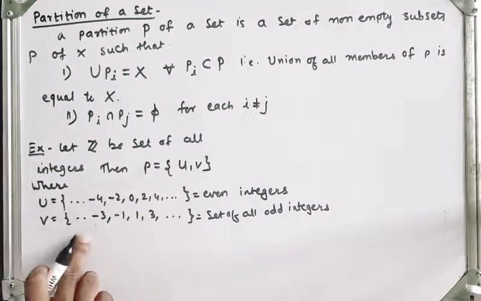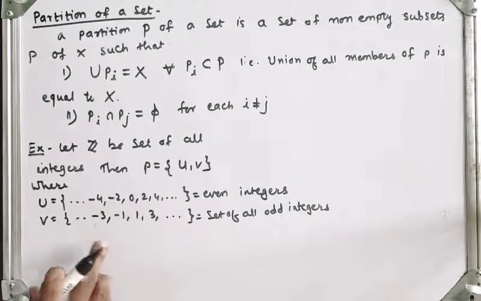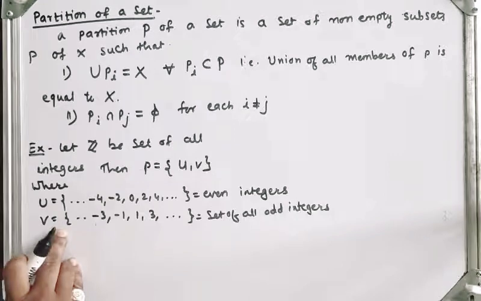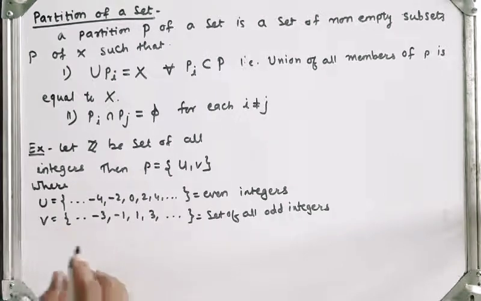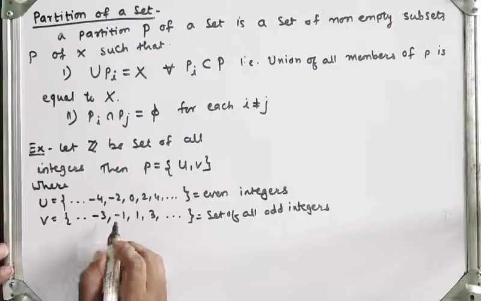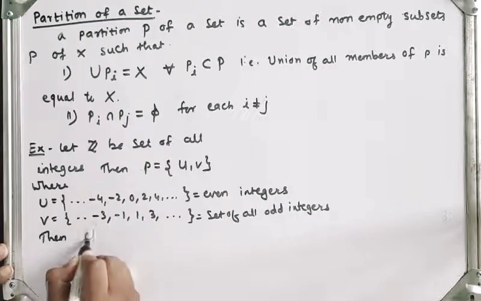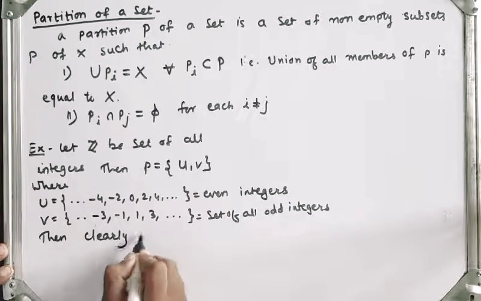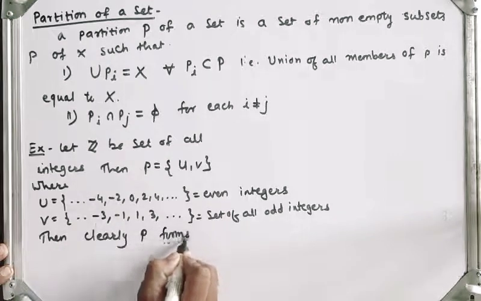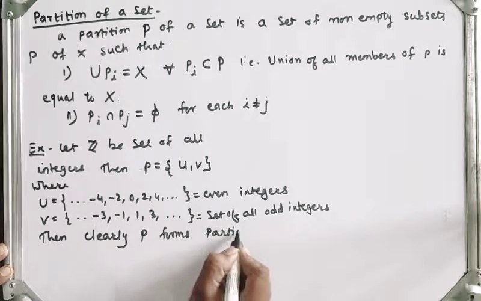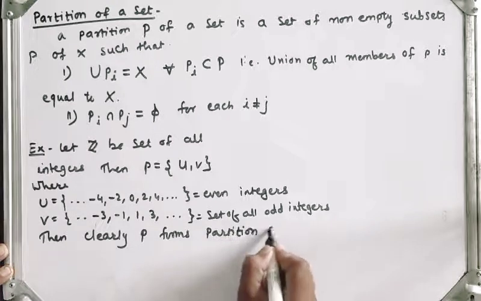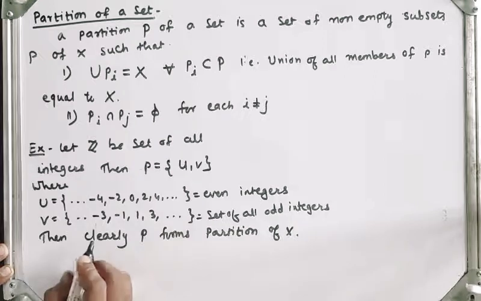Then U and V have no common element, therefore U intersection V is the empty set. So clearly P forms a partition of the set X.